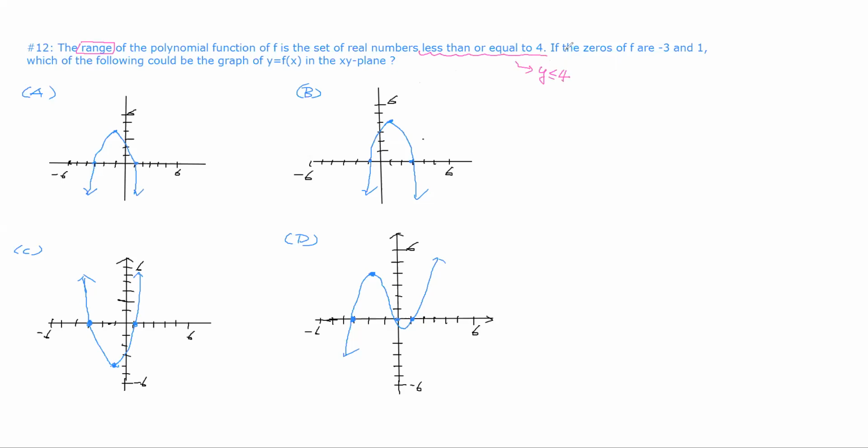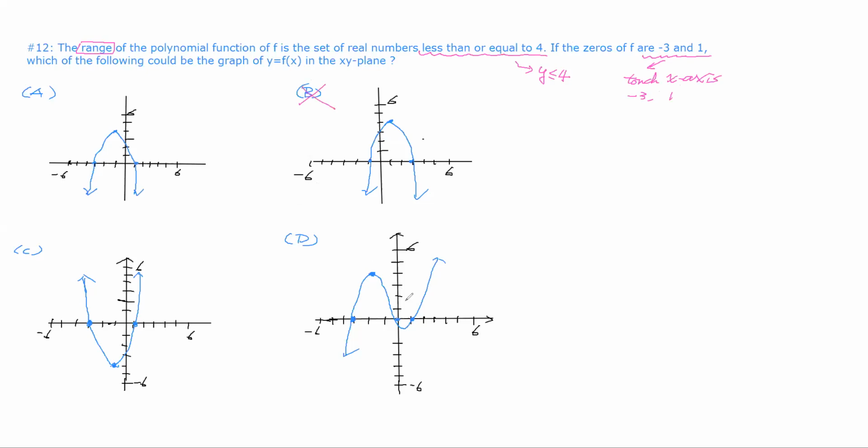Then the zeros are -3 and 1, so that means I have to touch the x-axis at -3 and 1. Obviously this one is not the choice.